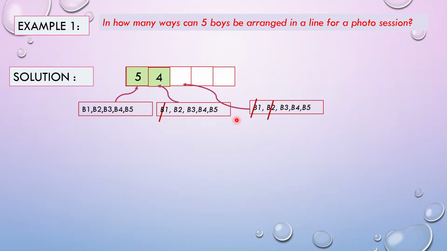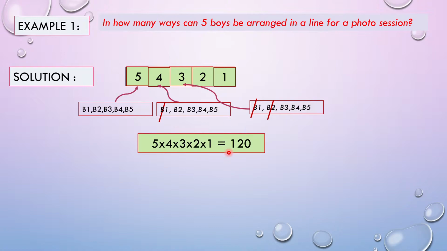Next, 2 boys out. That means for the third sitting position, we have only 3 more left. And you continue until we finish arranging all the 5 boys. Therefore, the number of arrangements can be calculated by multiplying all these numbers.